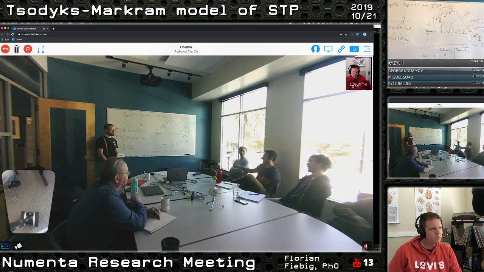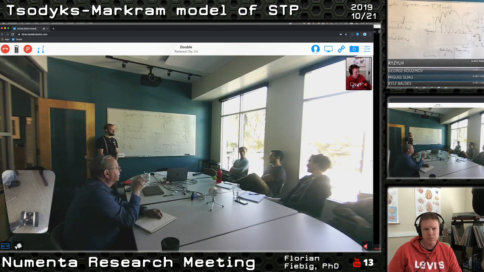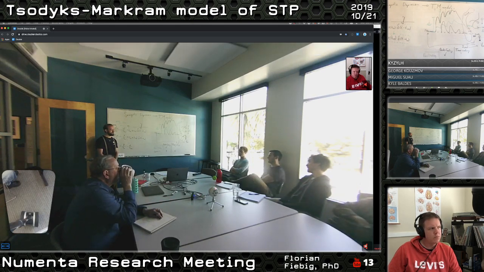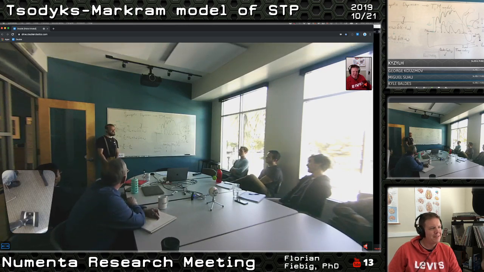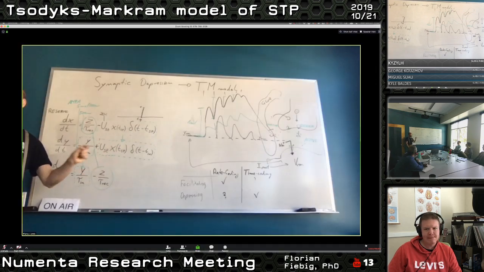Do you have an idea on the percentage of cells that are facilitating and depressing? Is it a cell or a synapse? Oh, sorry, synapse. Yeah, that's a good point, actually. The facilitating or depressing property is a presynaptic property, right?